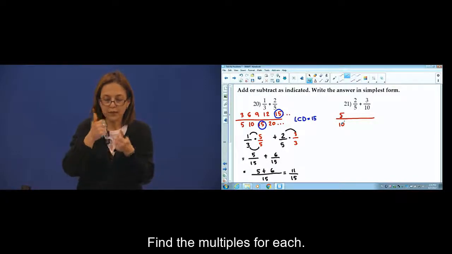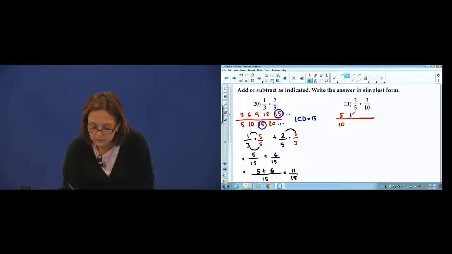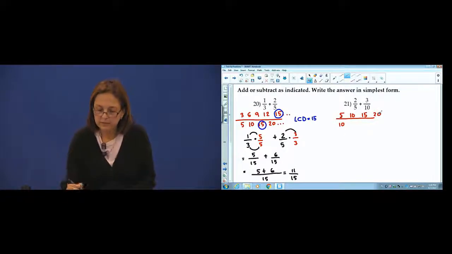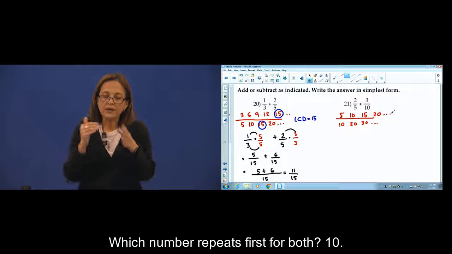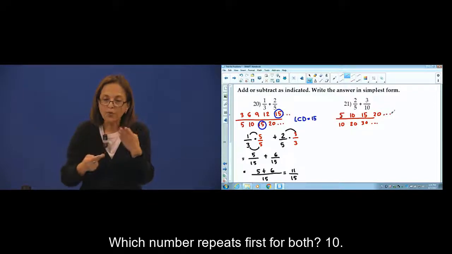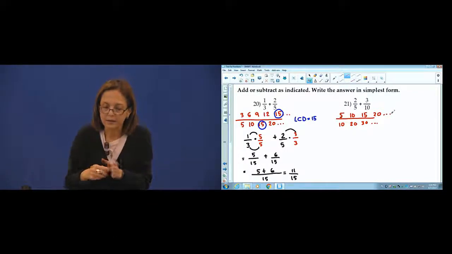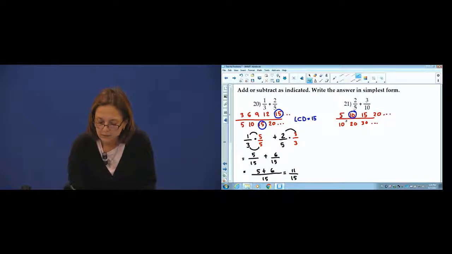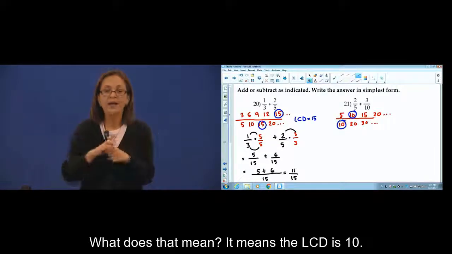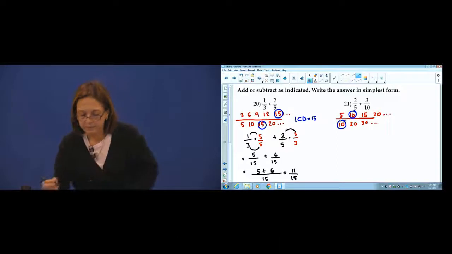Find the multiples for both. Which number repeats for both sequences? 10. Which means that our LCD is 10.